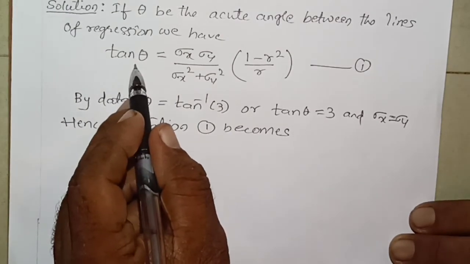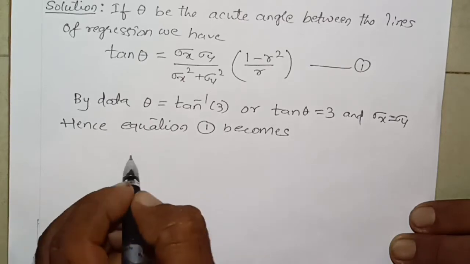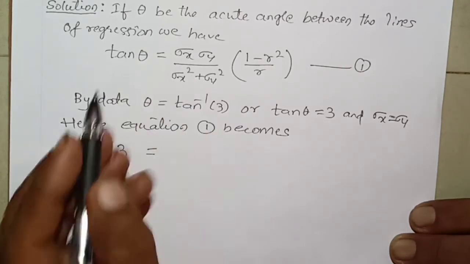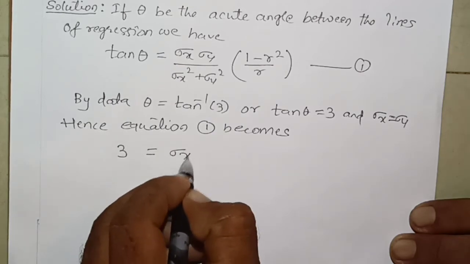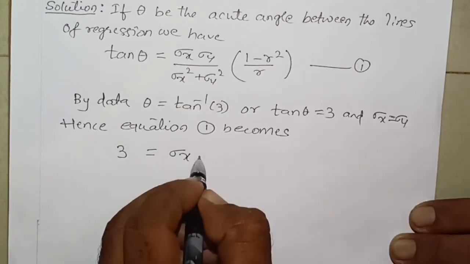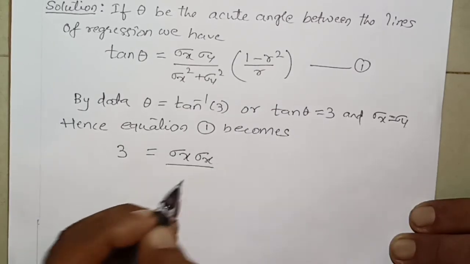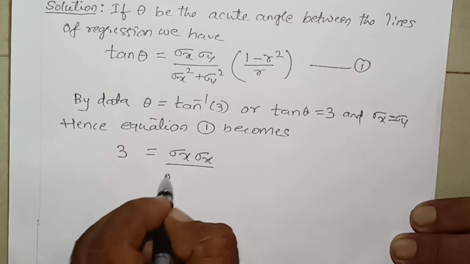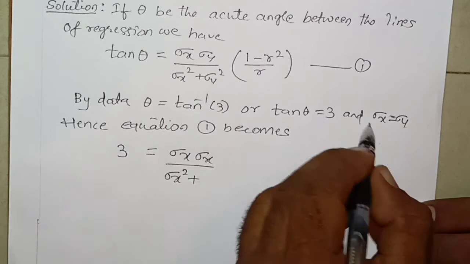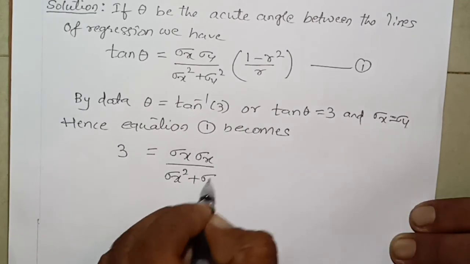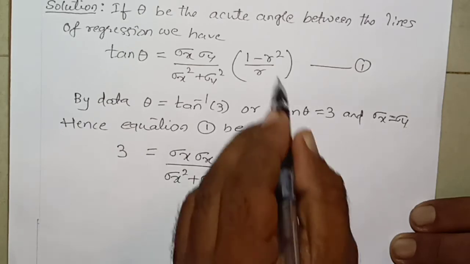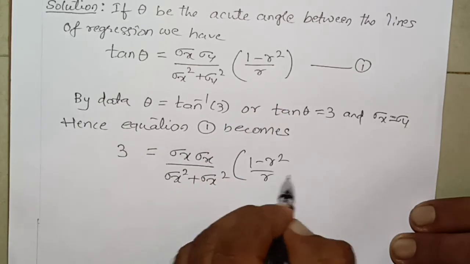So tan theta is, it is given, tan theta is nothing but 3. 3 is equal to standard deviation of x, and standard deviation of y is nothing but again standard deviation of x, divided by standard deviation x square plus standard deviation of y square is nothing but standard deviation of x square, and this one 1 minus r square divided by r.